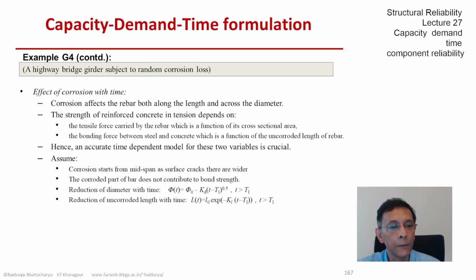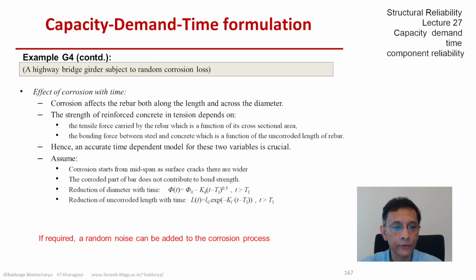And likewise, along the length of the rebar, the corrosion growth is also quite gentle. It's negative exponential, with the exponent linearly dependent on the elapsed time. If we had information, we could also add a random noise in the corrosion growth process.